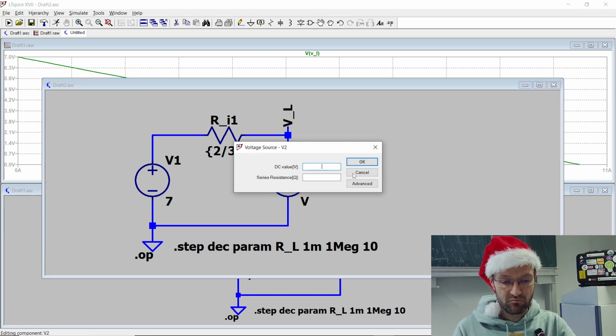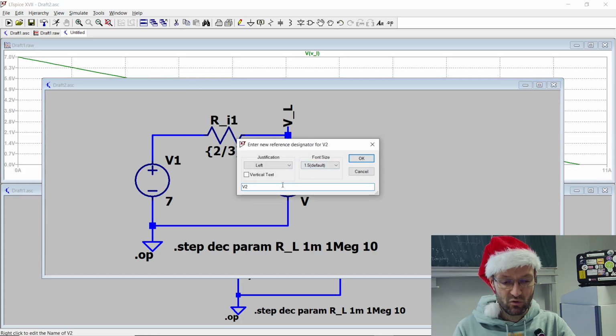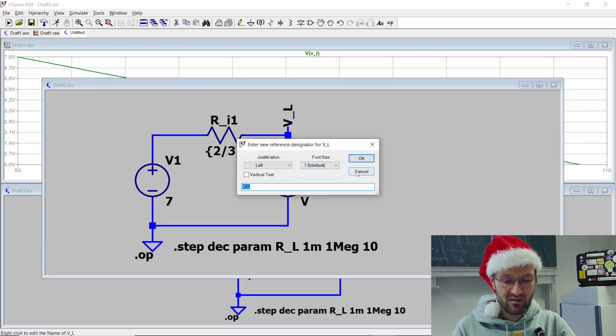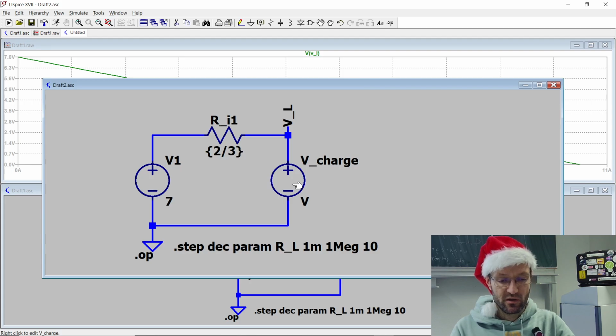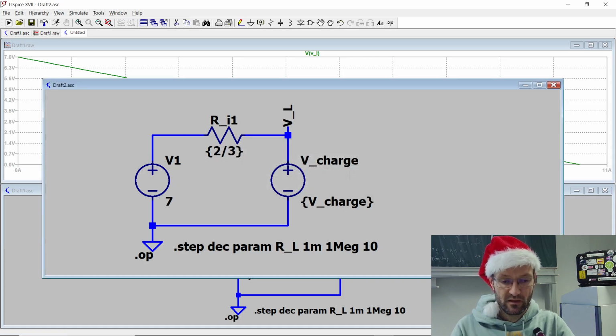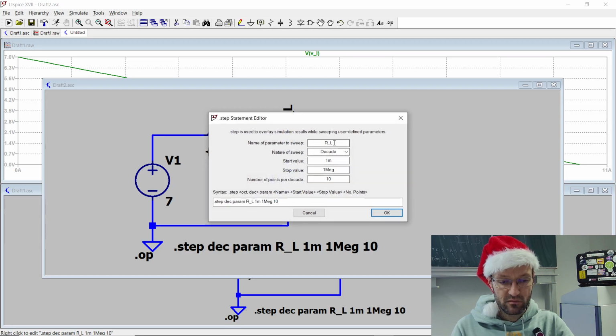I will call this VLoad. Or maybe this is confusing, so maybe I will call it VCharge, and I will also give it the value VCharge. And now our step command here should not step RL, but VCharge.